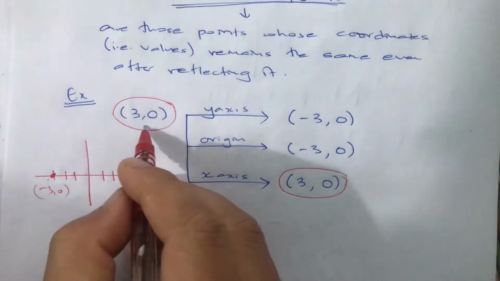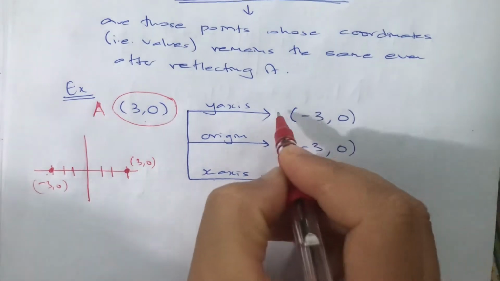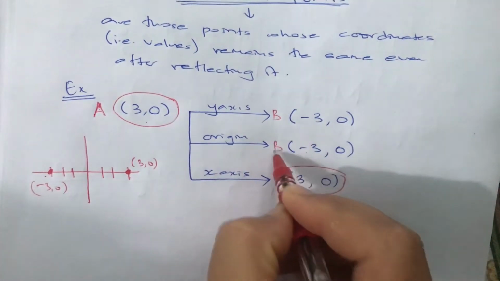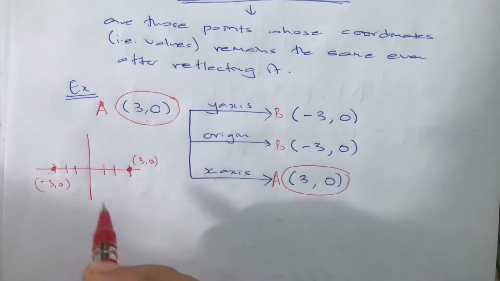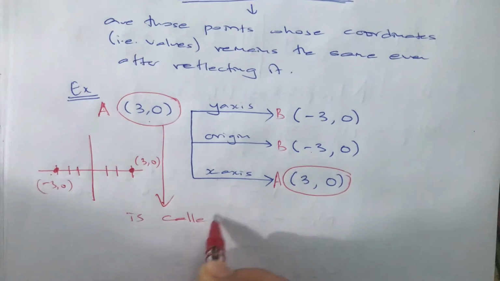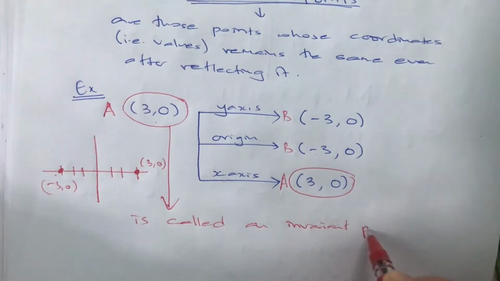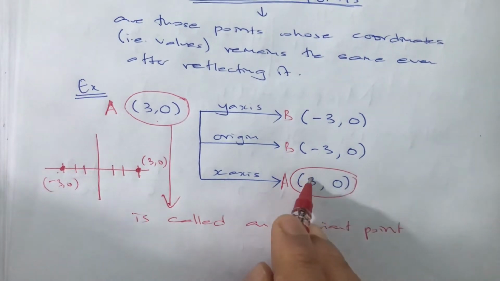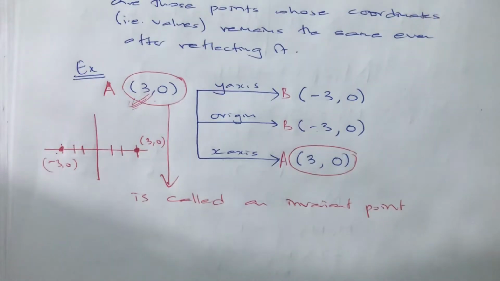So this was actually A. Now we got a new point, we can call this B. But over here we got the same value, meaning we still got A. So this point is called an invariant point. It's not the answer, it's the point that you are reflecting. Whichever point that you reflect will be called an invariant point.